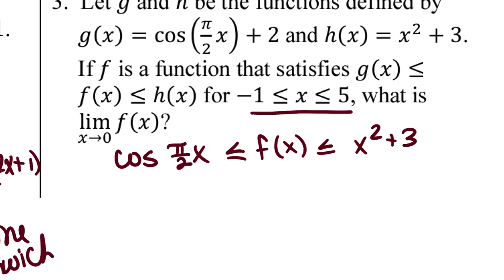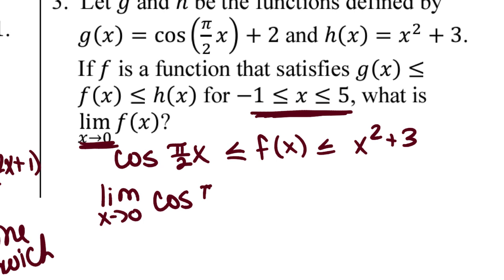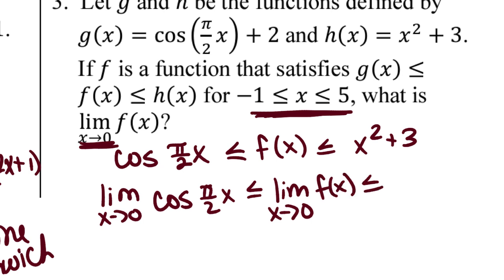They're saying that we're going to do it over this interval, which works out good because our value is 0, correct? So we're going to take the limit as x goes to 0 of cosine pi over 2x, which is less than or equal to the limit as x goes to 0 of f of x, less than or equal to, and then for our upper bound, as x goes to 0.